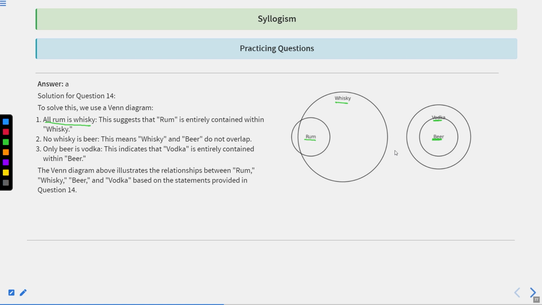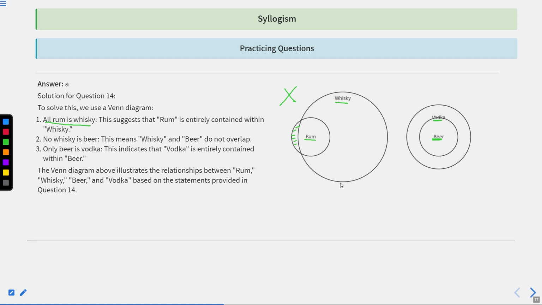No, this diagram is not the correct Venn diagram for the statement all rum is whiskey, because there is a certain portion of rum which is outside the circle of whiskey, which depicts that some rum is not whiskey, which is not true for statement number 1, which means this Venn diagram, which represents the statement all rum is whiskey, is not correct.